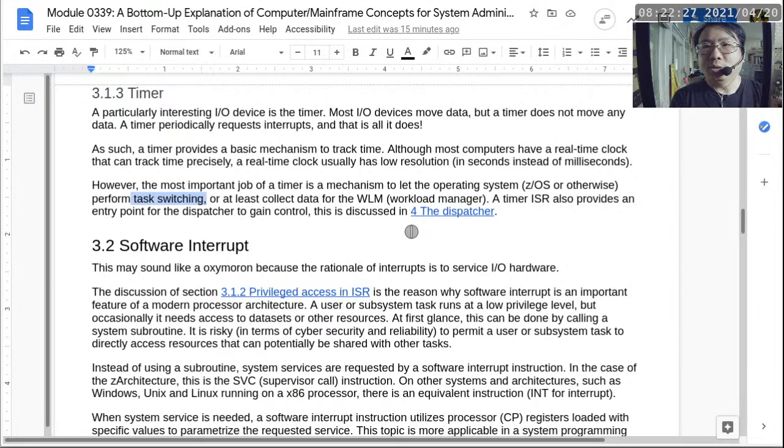Which one is actually doing processing and which one is just sitting around waiting for something. That is another use of the timer mechanism, to collect data so that we can calculate the velocity of a particular task or of all the tasks in the context of the workload manager.